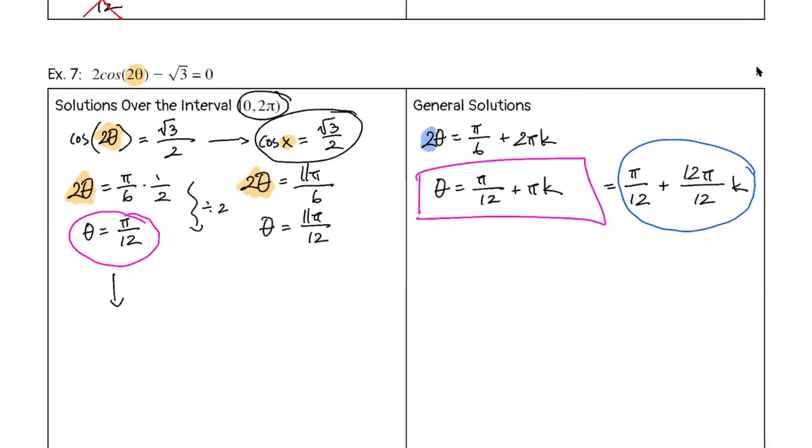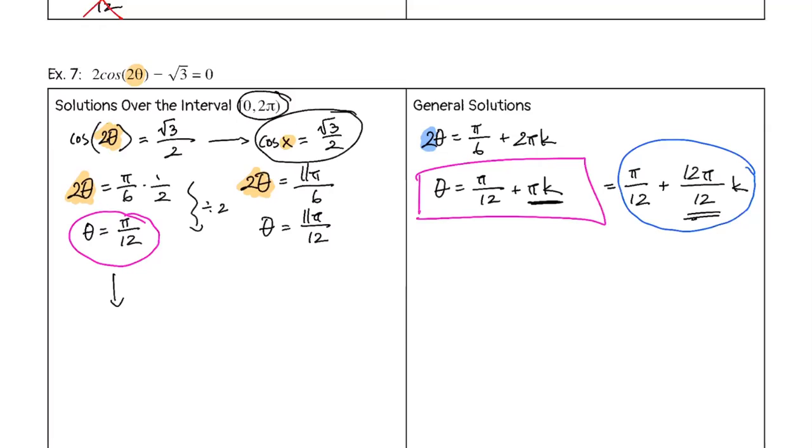So the thing you're dividing by changes this part, which then changes what you need to add every time. Okay. Let that simmer in your brain for a second.